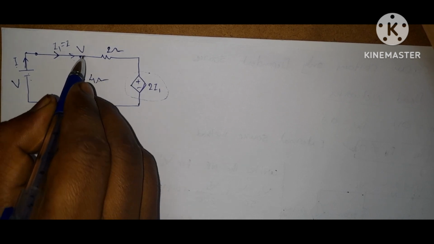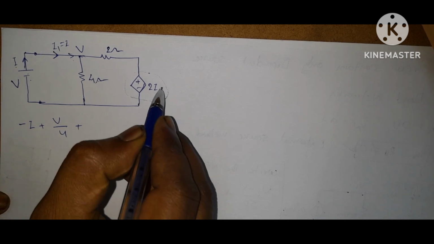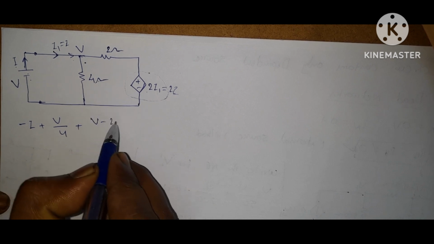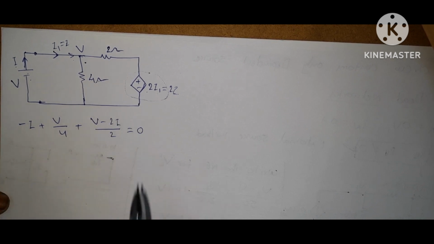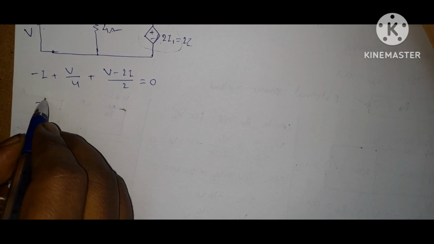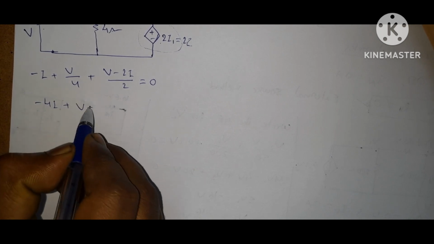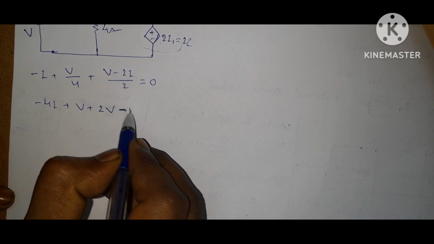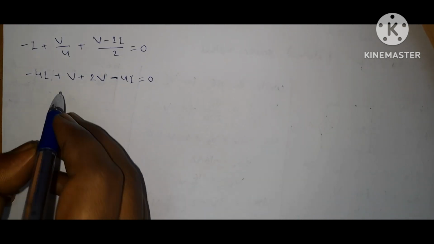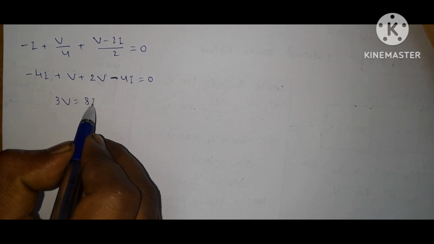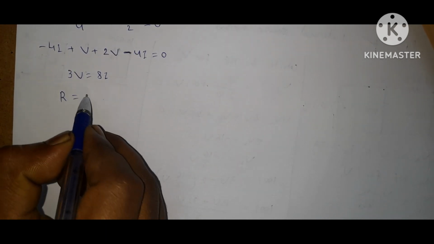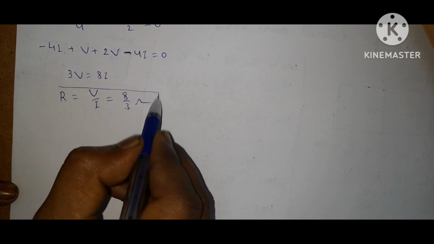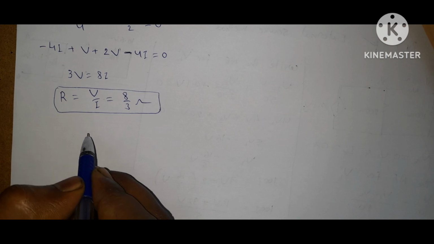For this branch V minus I1, equal to I, here this is 2I now. So V minus 2I, V minus 2I by 2 is equal to 0. Minus 4I plus V plus 2V minus 4I equal to 0. 3V equal to 8I. So R equal to V by I is equal to 8 by 3 ohms. Option D is correct answer.